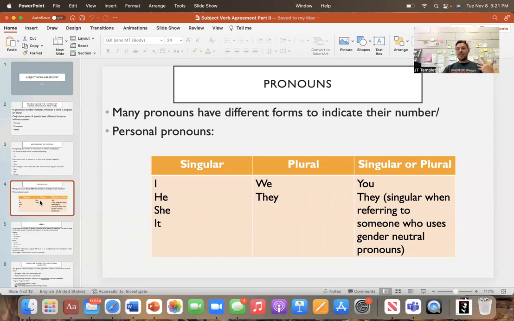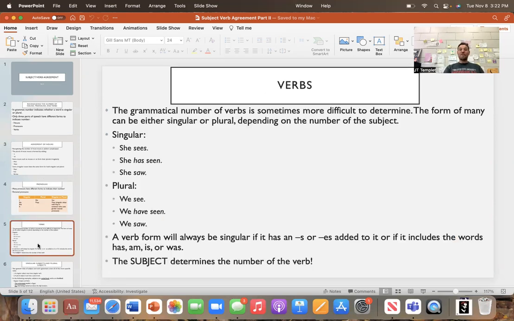And ones that can be singular or plural are you, which down here we often say y'all instead of you for plural. They, and this is one of those newer ones with non-gender specific pronouns, could be singular. Often we think of it as plural, but it can grammatically be acceptable as singular when referring to someone who uses gender neutral pronouns.